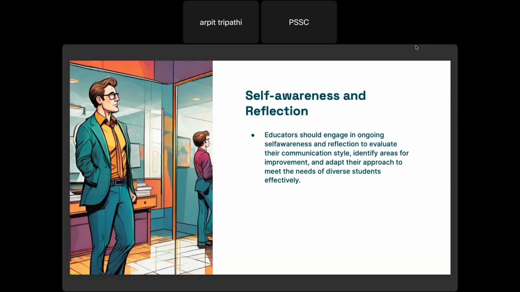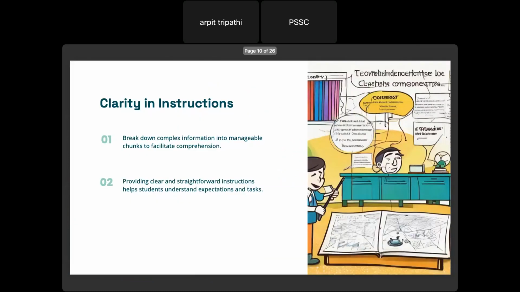Now, importance of clarity in instructions. If you really want to have a good relationship, have a good involvement of children in your classroom, and you want students to be more connected to you, be respectful to you, you should have clarity in instructions.